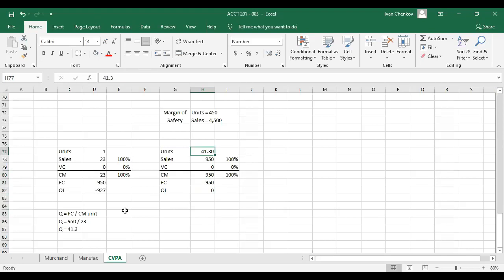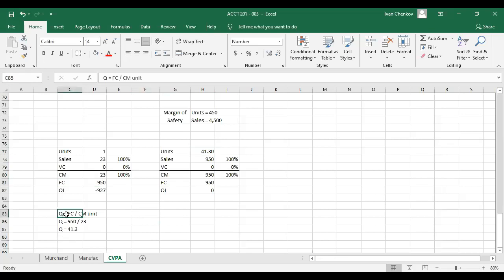We can also use it, for example, to find out how many hours we need to work. For example, if you get paid per month and you want to have $2,000 available to spend per month, and you already know that your fixed cost is 950, how are we going to adjust this formula?